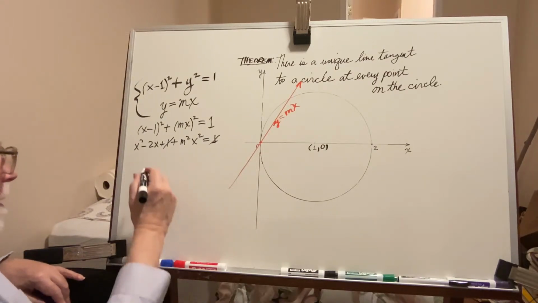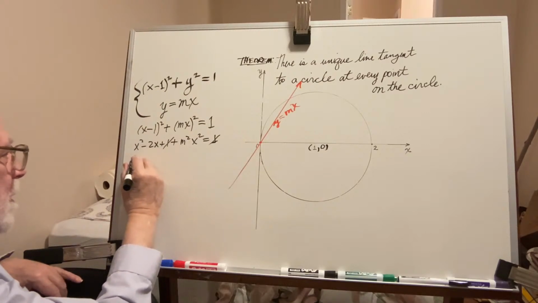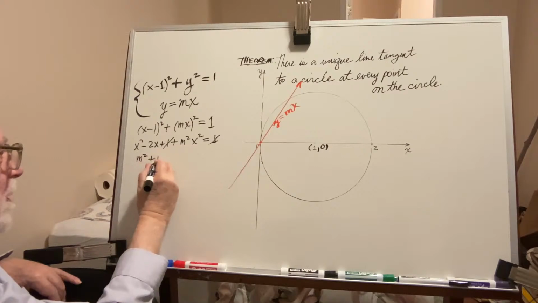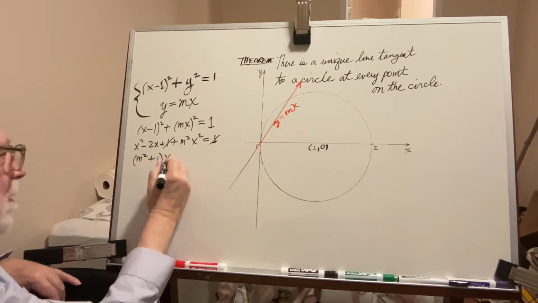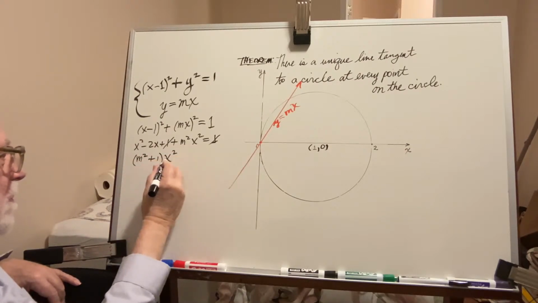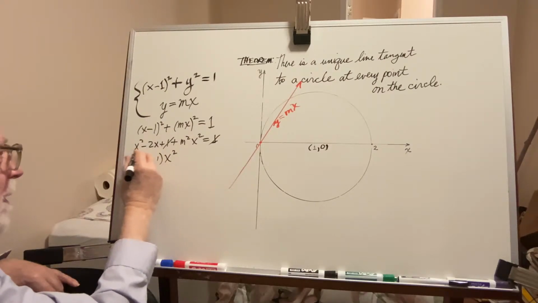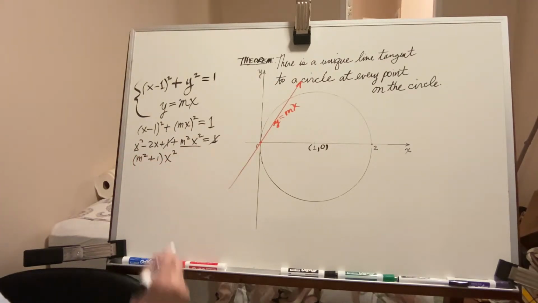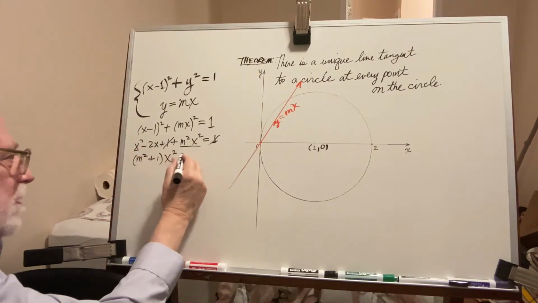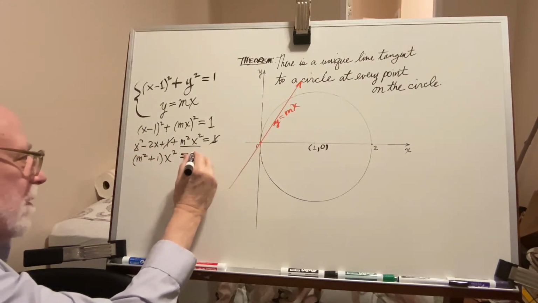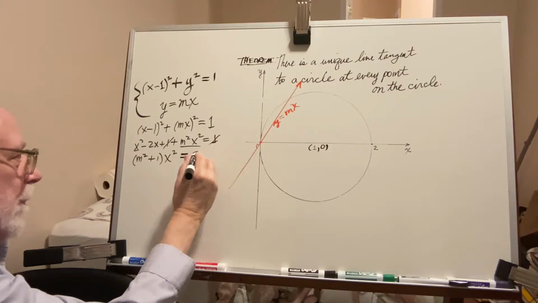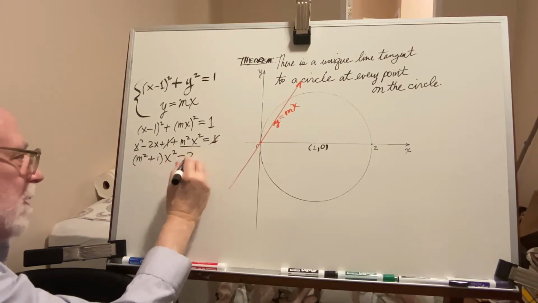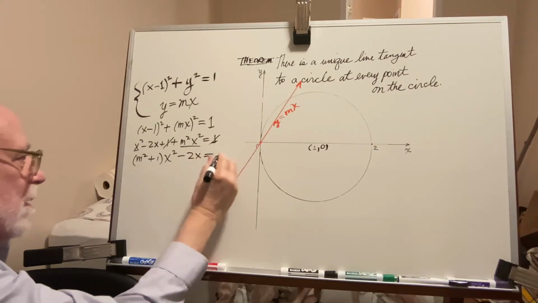So now we have m squared plus 1 quantity times x squared, by collecting the x squared terms, minus 2x equals 0.